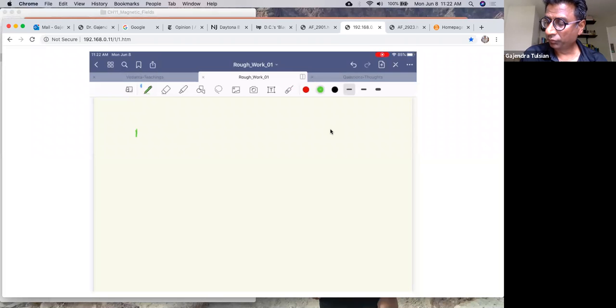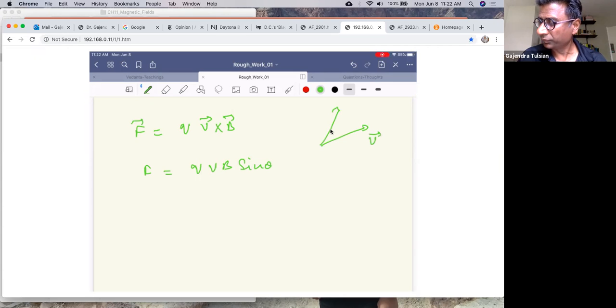So force was given by Q V cross B. The magnitude of the force was Q V B sine theta, where theta was the angle between V and B. So the units of B would be force divided by Q V sine theta.